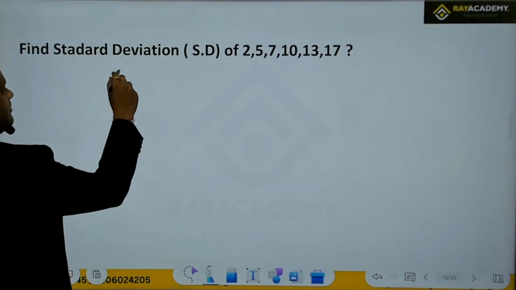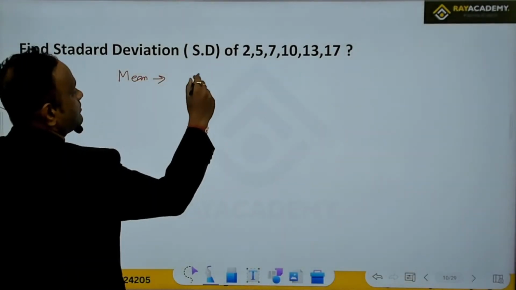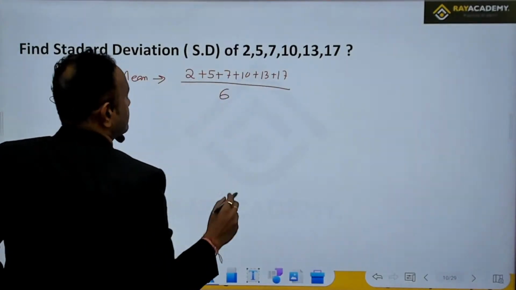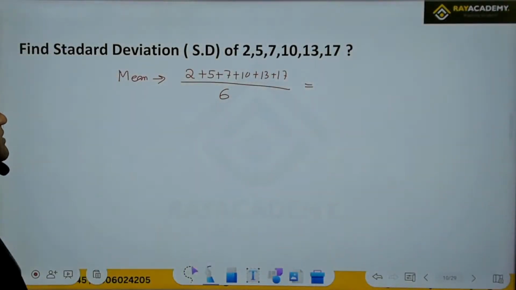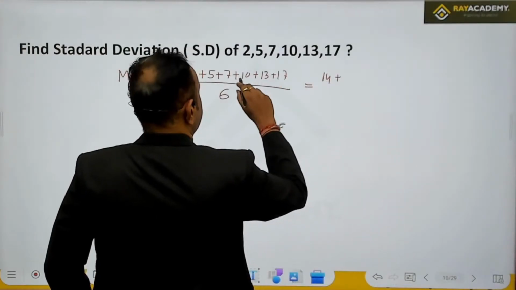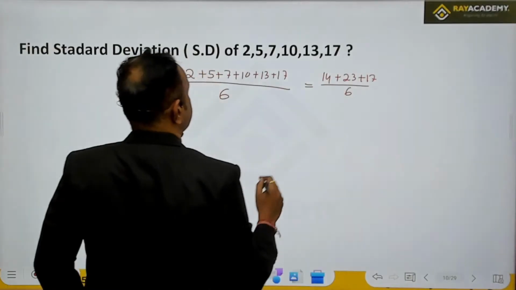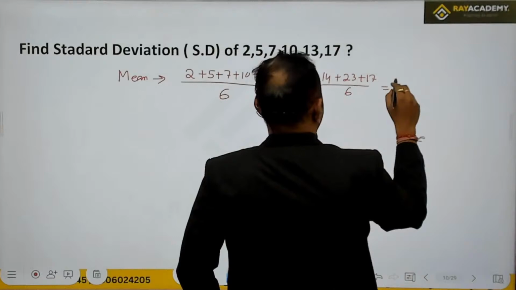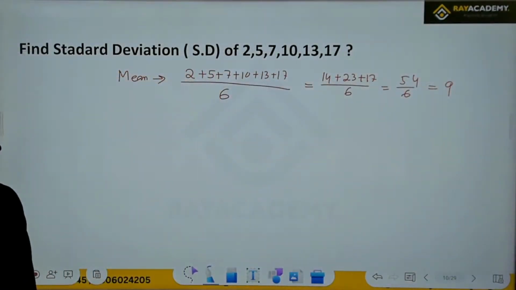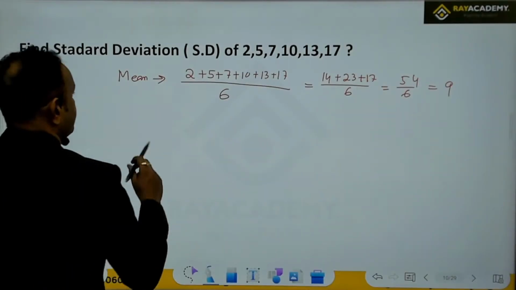First, find out the mean. The mean is 2 plus 5 plus 7 plus 10 plus 13 plus 17, divided by how many numbers there are, which is 6. 2 plus 5 is 7, 7 plus 7 is 14, plus 10 is 24, plus 13 is 37, plus 17 is 54. 54 by 6, so the mean is 9.